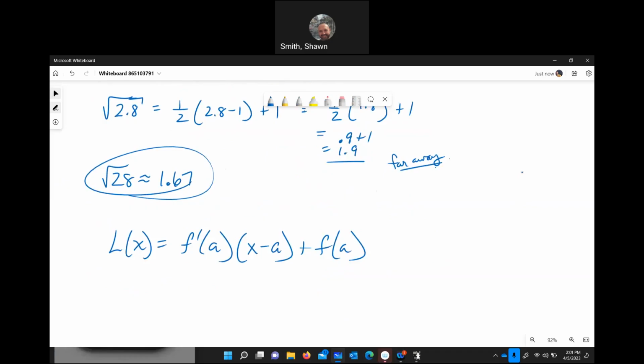It is that point slope form of the line, which is really all it is. But knowing it in terms of f prime of a and f of a is a good approximation to the function f of x, if x minus a is sufficiently small.